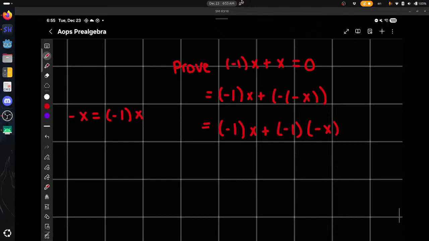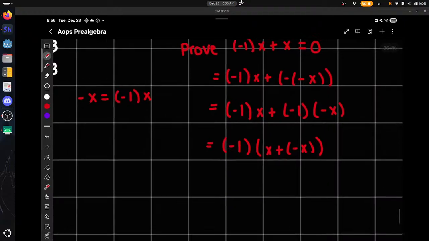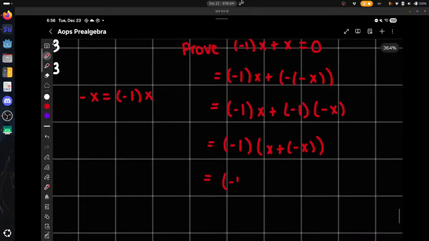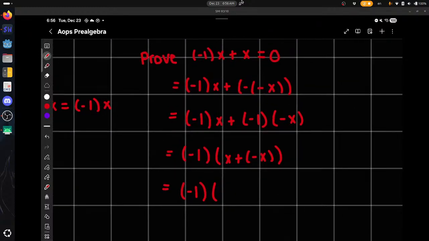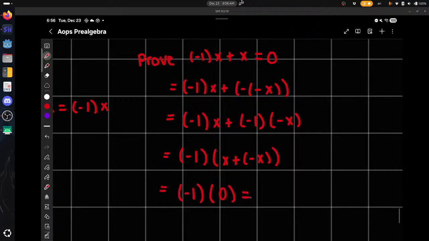And now we have a common factor. And then we know that this follows the property that the negation, or the additive inverse, results in 0, so that gives us back 0. And what did they come up with?